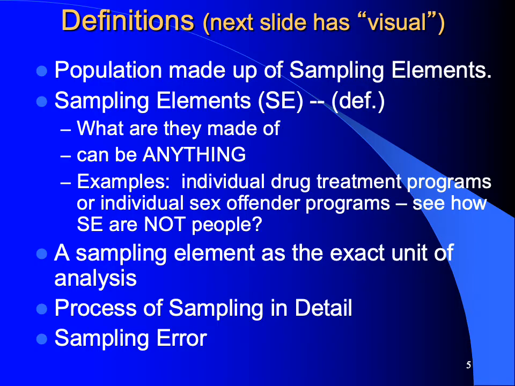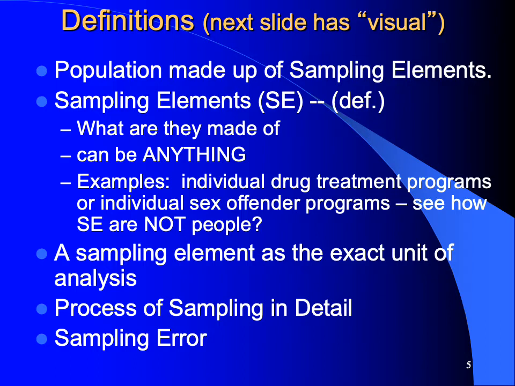Next, let me give you some definitions here. The population is made up of something called sampling elements. The next slide has a visual on this, so don't panic, we'll go over it again. But here are definitions you can use. The population is made up of sampling elements. Sampling elements are the exact thing the researcher wishes to study.